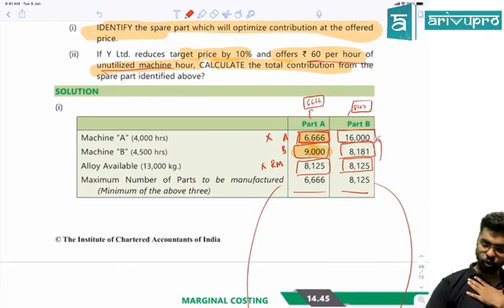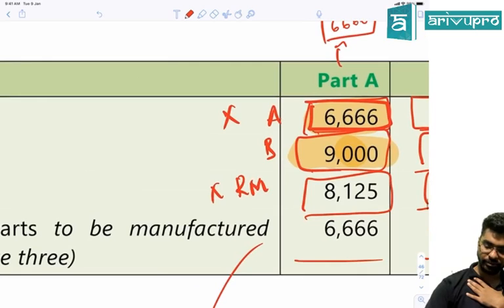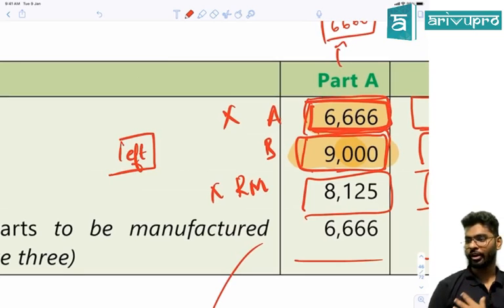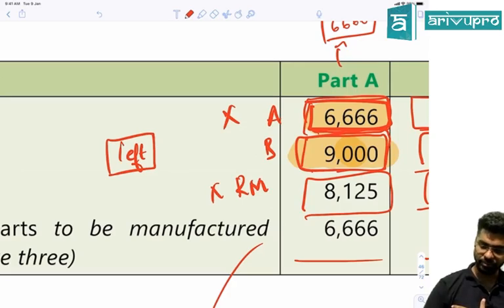If I am only producing 6,666 units, don't you think I'll be left with machine hours? For product machine hour B, don't you think I'll be left with machine hours? Yes. Now, see where we are coming from.